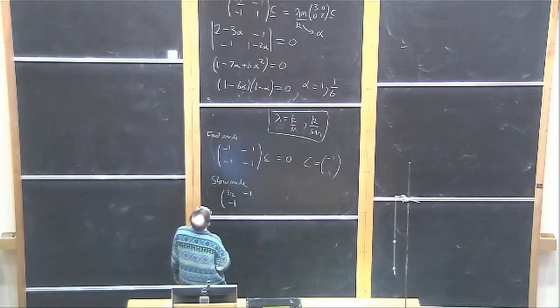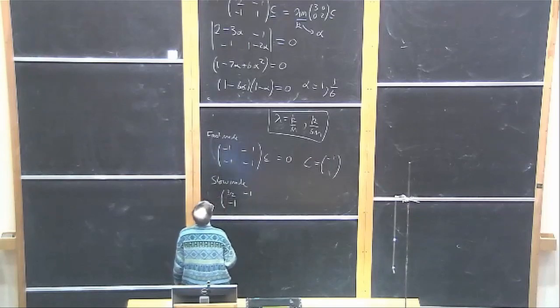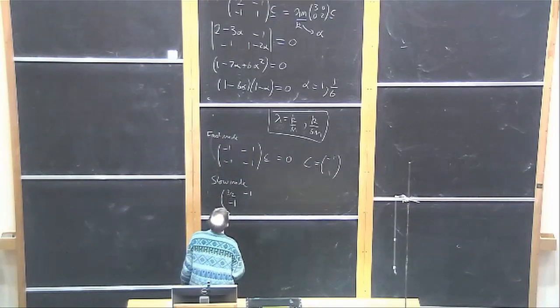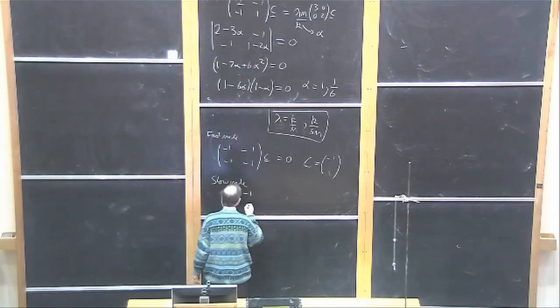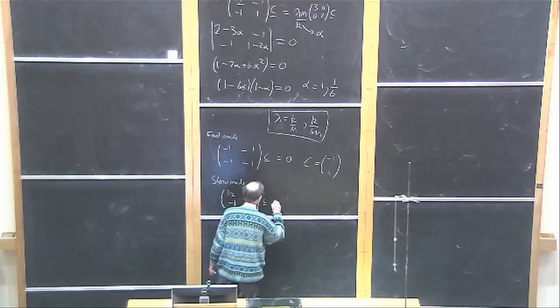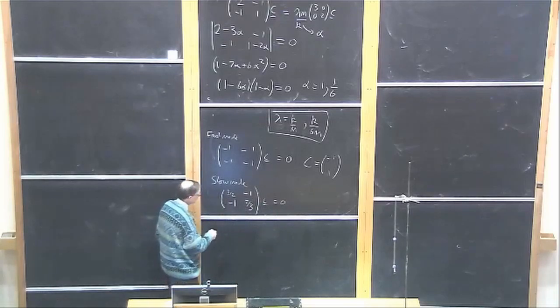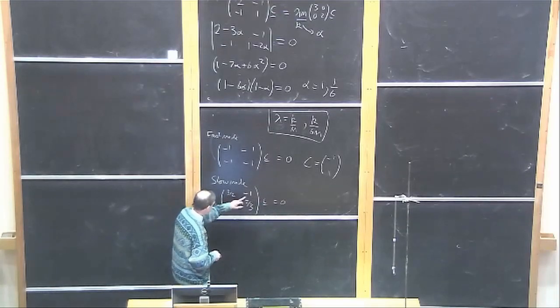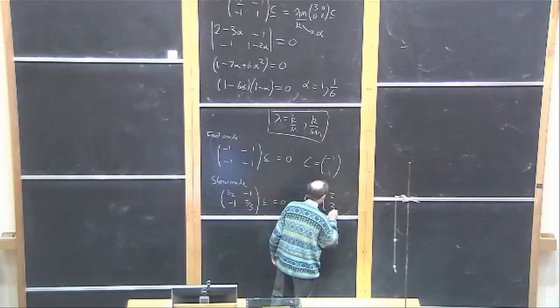And then it's 1 minus 2 alpha, which is 1 minus 2 over 6, which is 1 minus a third, which is 2/3. C equals 0. So the elements of C are in the ratio of 2 and 3. So I could choose C equals just 2, 3.